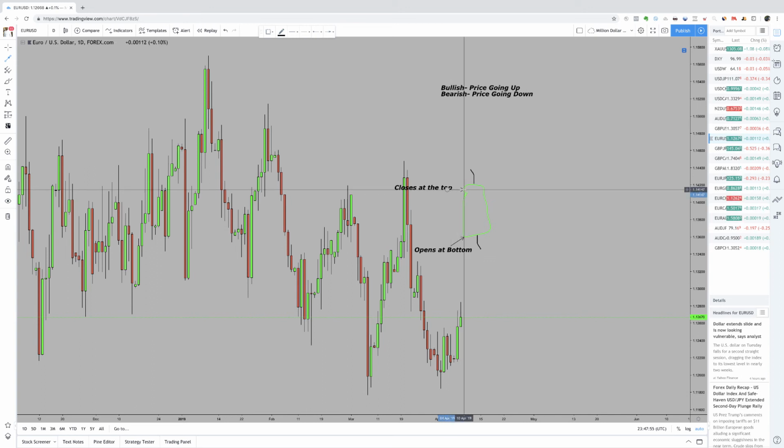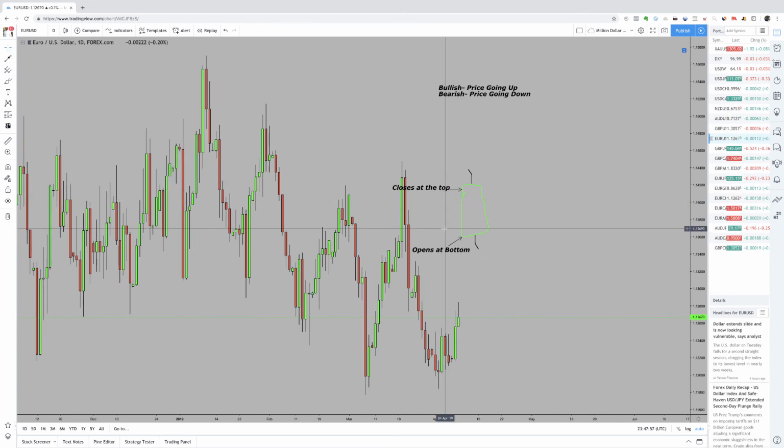The body represents where price opens and where price closes. Write this down. Remember, for a bullish candlestick, price opens at the bottom, it closes at the top.